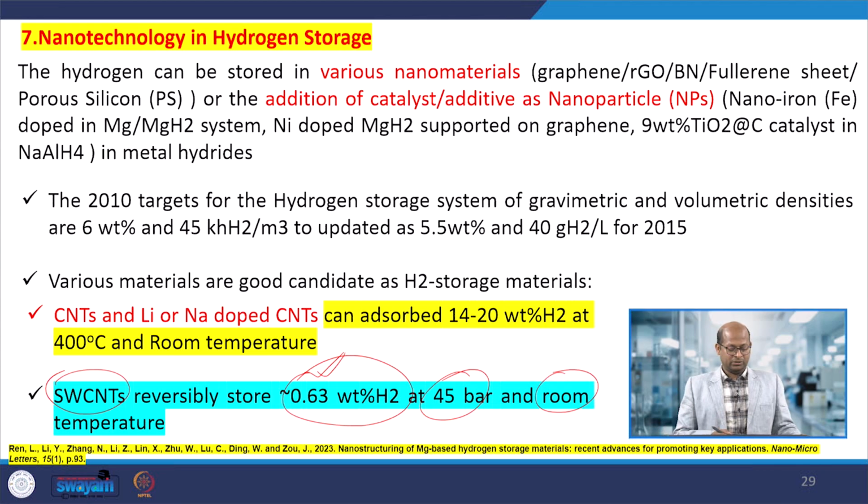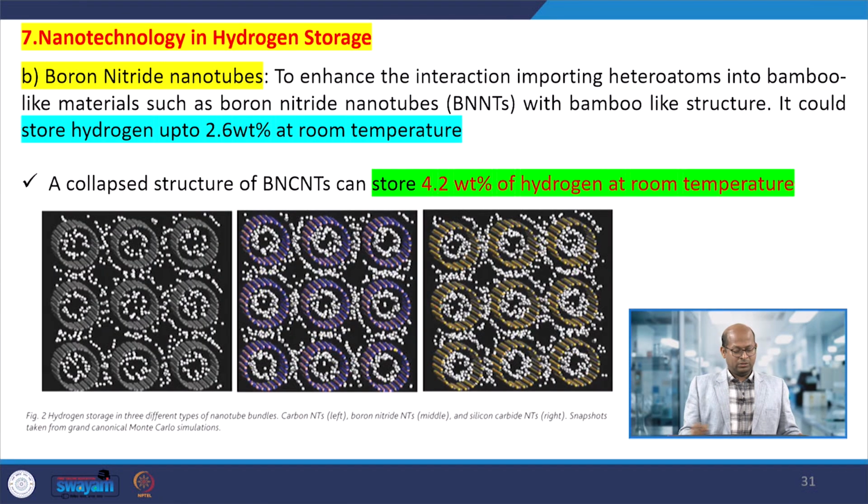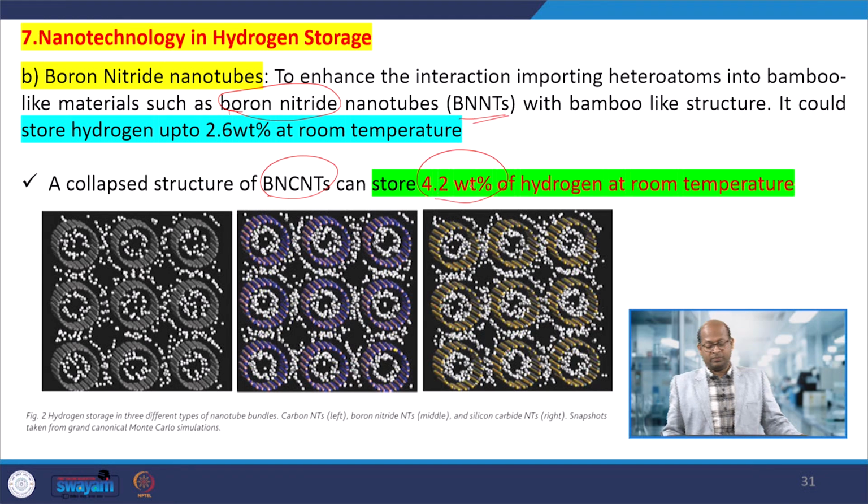If you see CNT with lithium or sodium doped, that can store 14 to 28% at 400 degree centigrade, room temperature, that can absorb. It is reported, but this data we have to check. And in BN-CNT, boron nitride modified with the CNT, it can store 4.28% of hydrogen at room temperature. So, that is also a good amount.